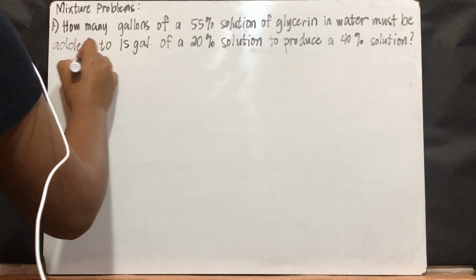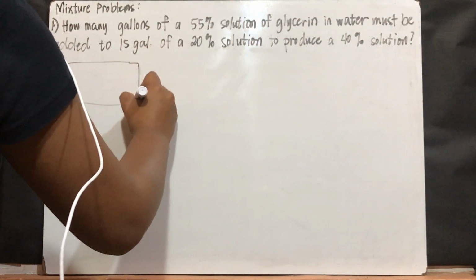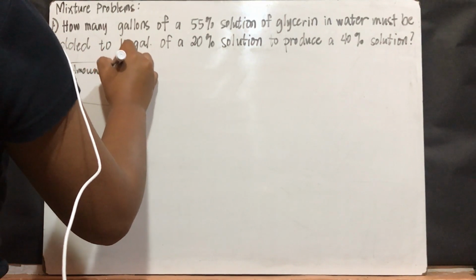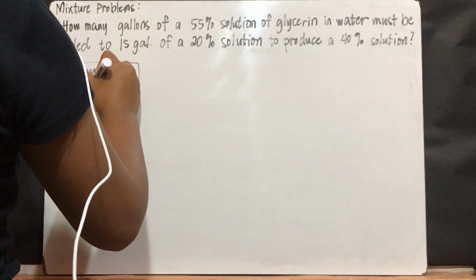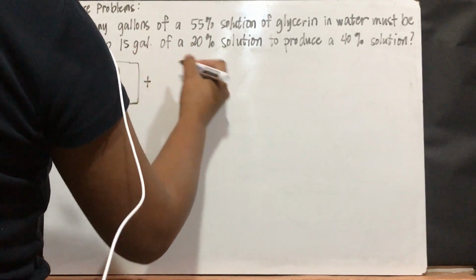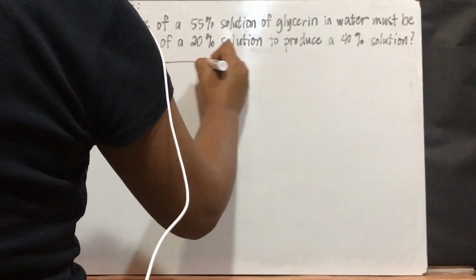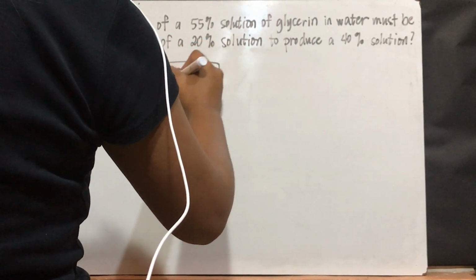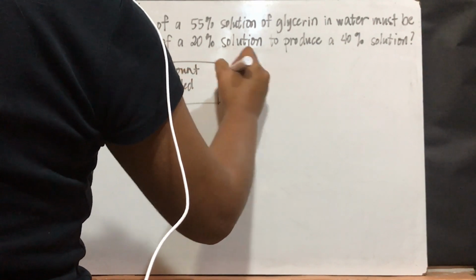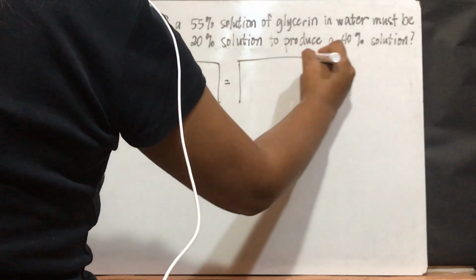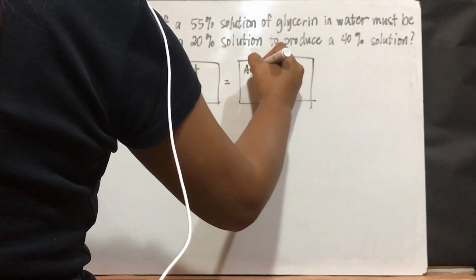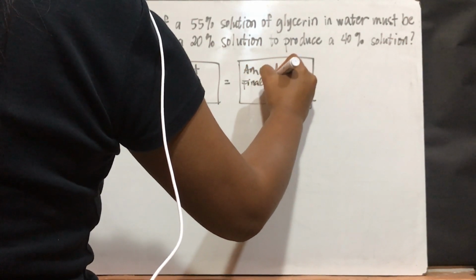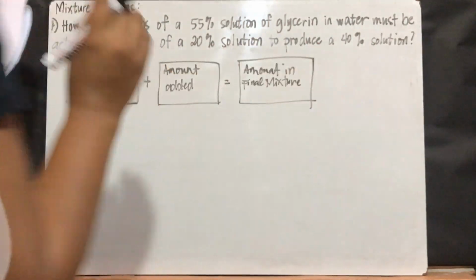So we have here the amount in original added to, yung ina-add mo na amount added, is equal to the amount in final mixture. So, ito yung formula na kailangan mong tandaan.